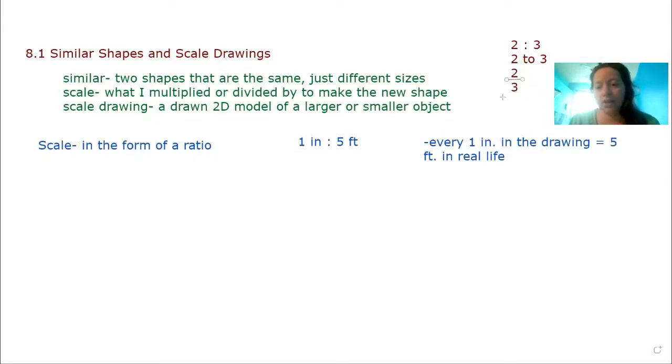All of these are exactly the same. This is 2 to 3, 2 to 3, 2 to 3. The one we're actually going to be using mostly is the fraction one, because that one is the most useful to us.